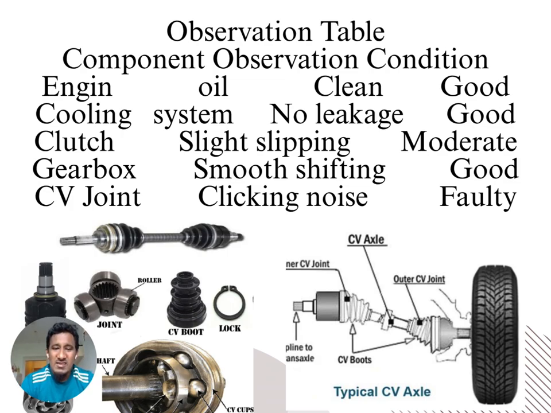The last component of our assessment was CV joint, which had a clicking noise, and it was faulty at the time. We have to repair or solve this problem if we want to run our vehicle properly.